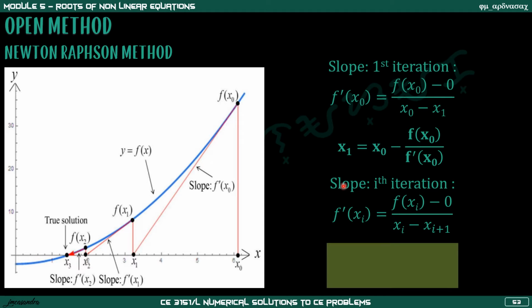Arranging this, we could now define the formula that we will use for Newton-Raphson, which is x sub i plus 1 is equal to x sub i minus the ratio between the function of x sub i divided by the function of its derivative. So you just remember this equation.